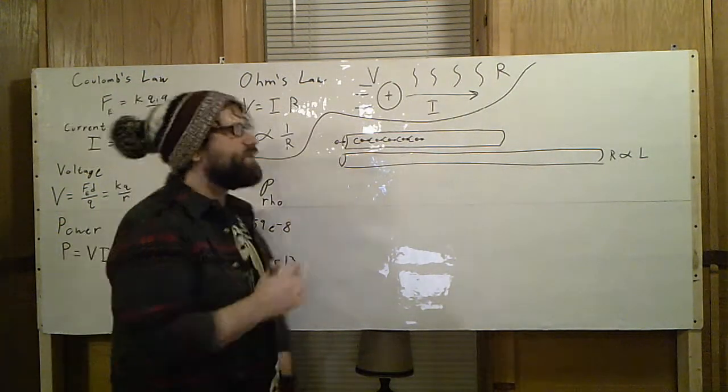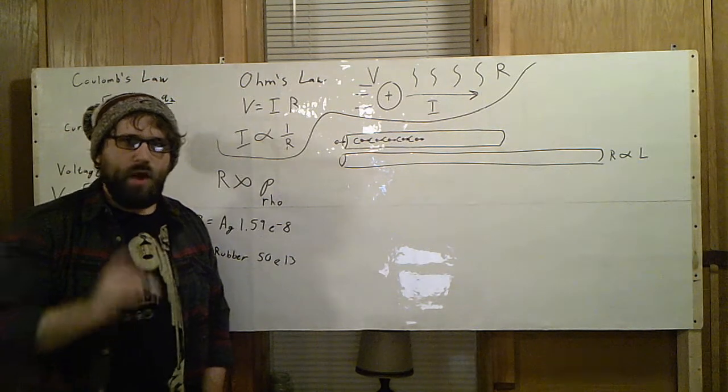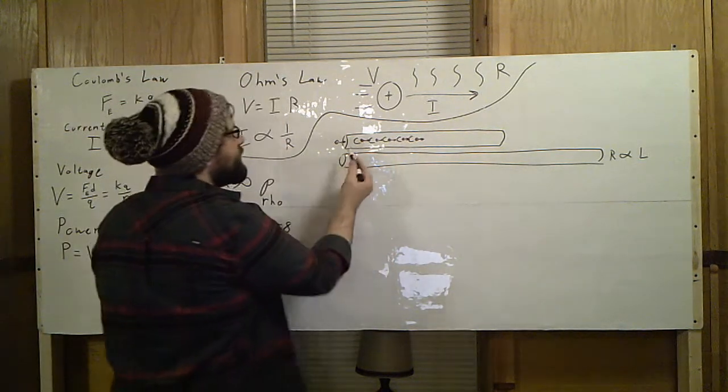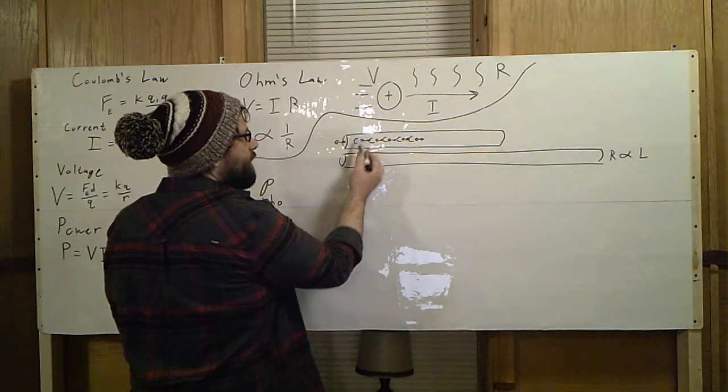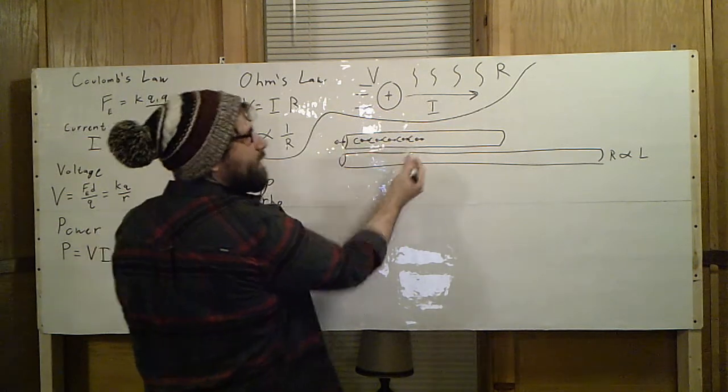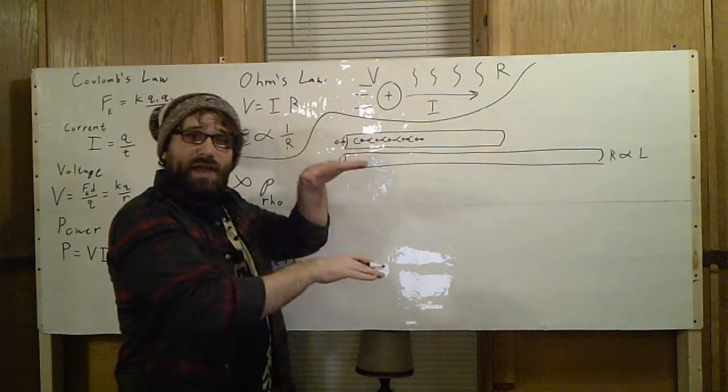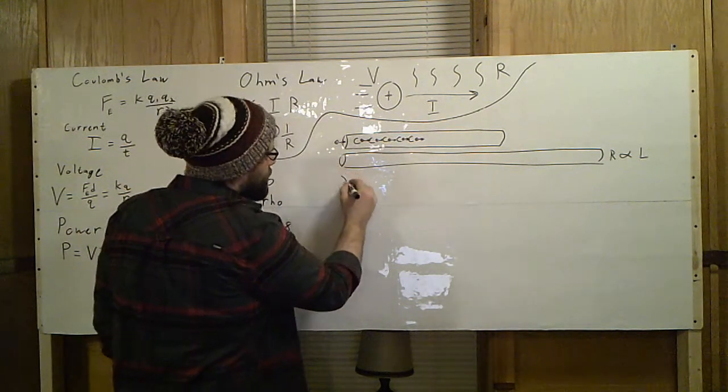Okay, well, how can I change this? How can I make it easier for this to flow? Well, the way we can think of this is, just like this example, I've got a super thin wire that's only an atom thick. What if I made it 3 atoms thick? And instead went something like this.